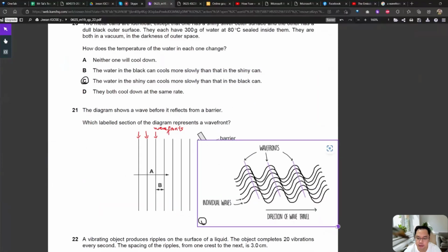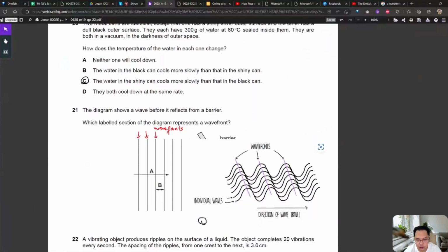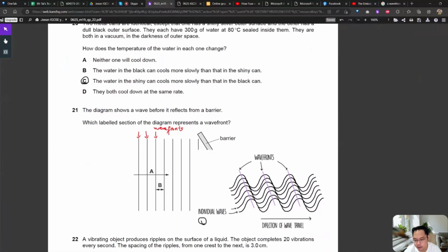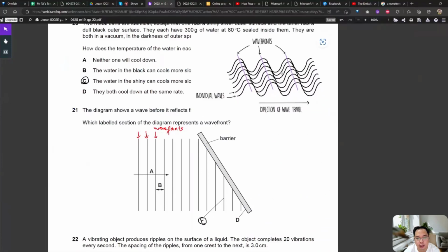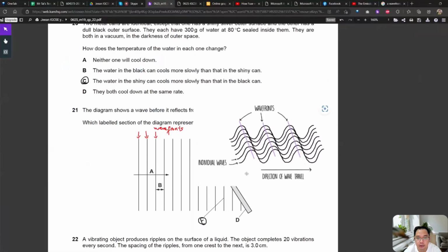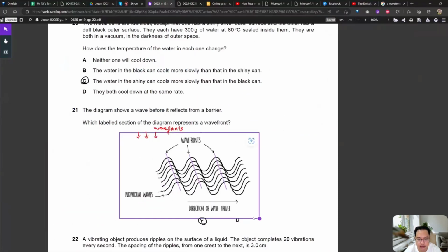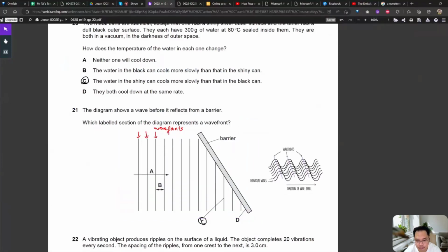Okay, I'll just put it somewhere else. It is C. We usually choose the peak of a wave to be the wave front.